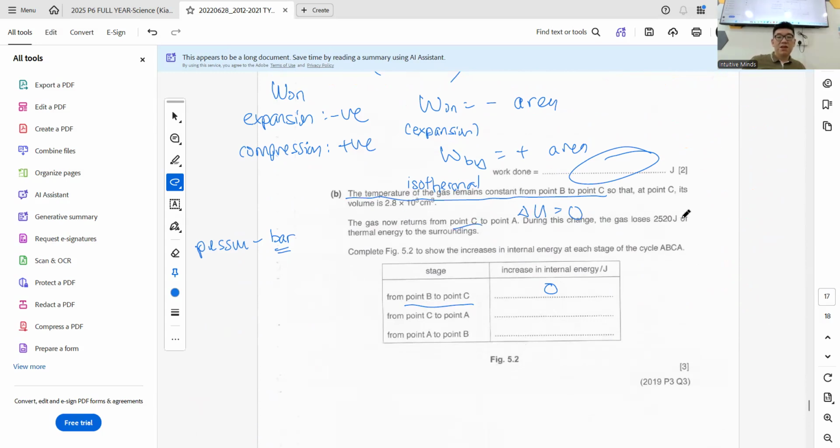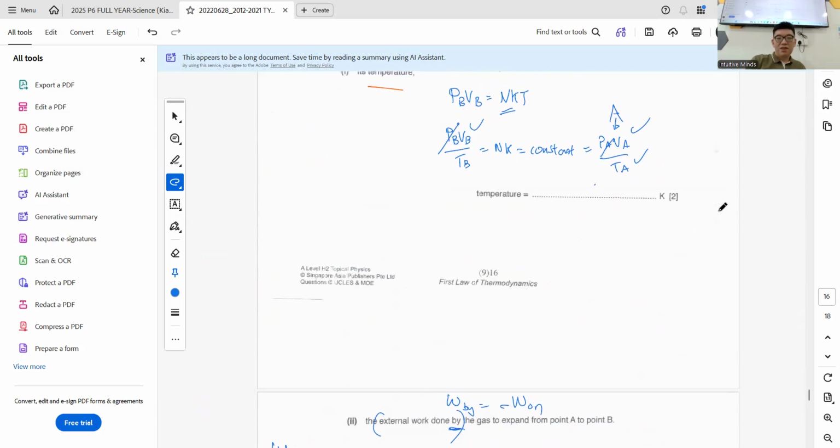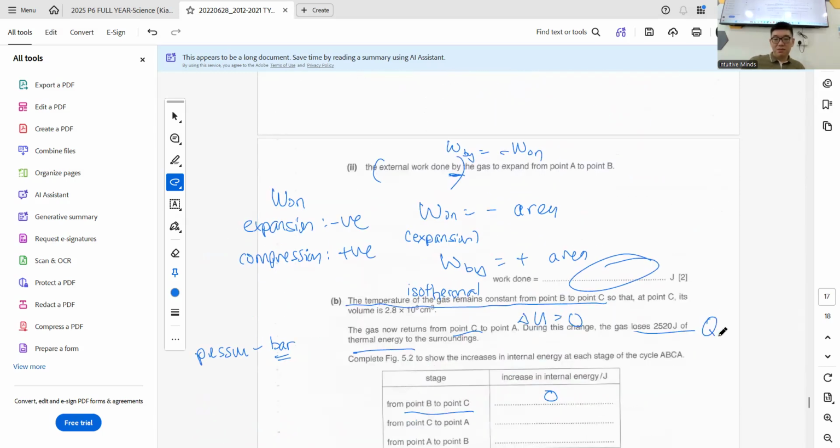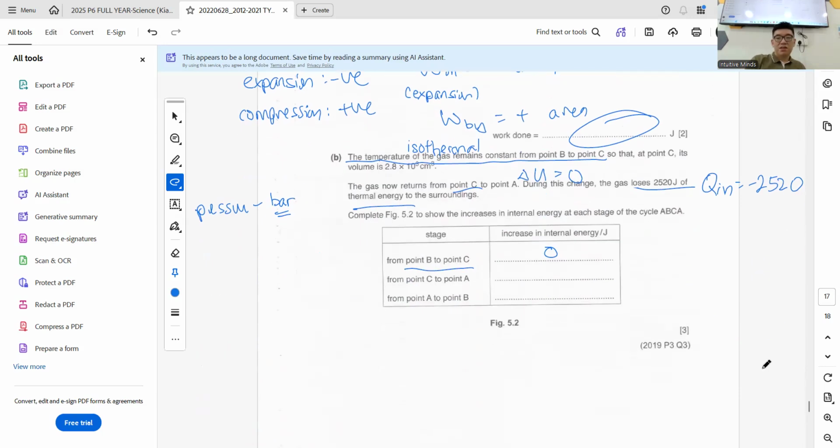The gas now returns from C to A. During this change, the gas loses 2520. So what is this related to? So the QE is what? So if we need to find the increase in internal energy, what formula do we use? QE plus W on. Do we have a QE? Yes.